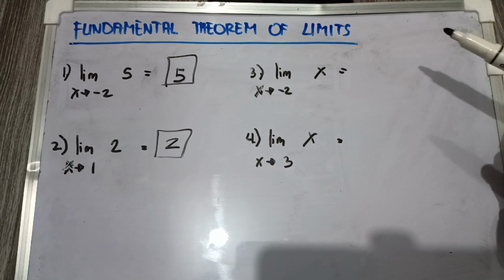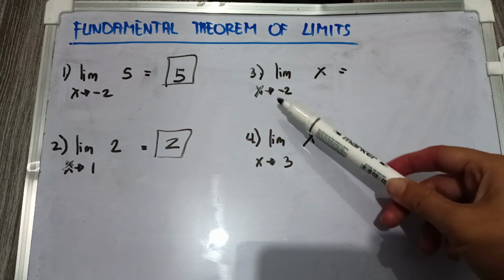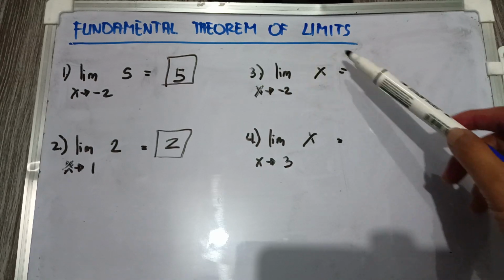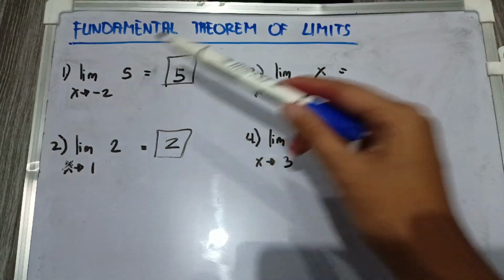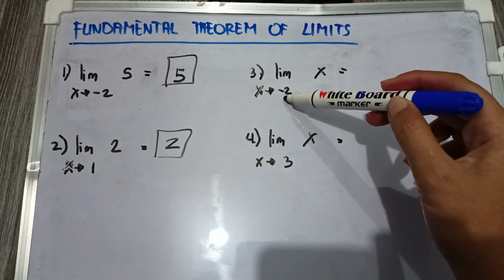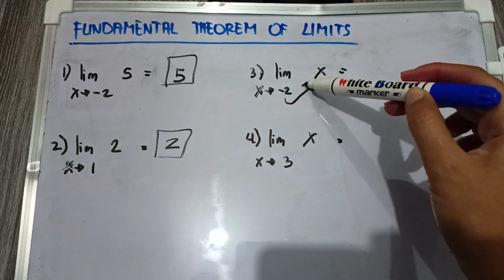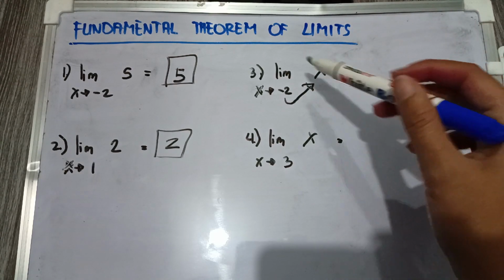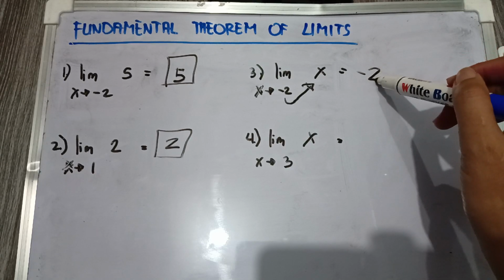In example number 3, the limit of x when x approaches negative 2. If there is a variable in here and not a constant, we can now substitute this to this. So the limit of x is negative 2.